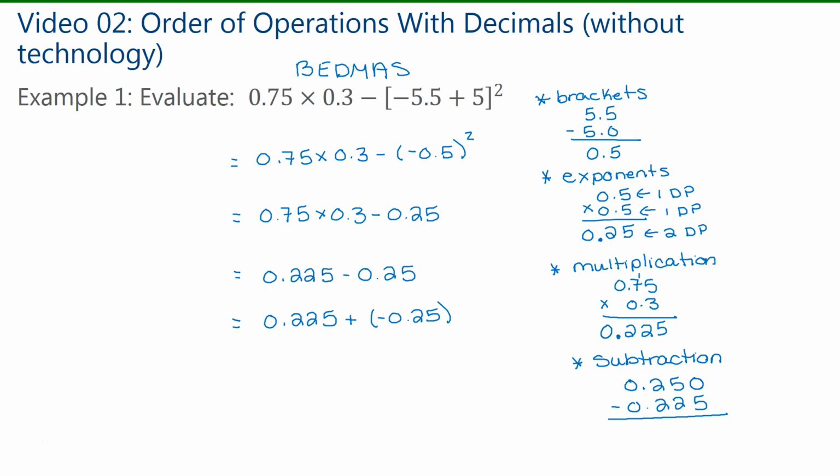Fill this in with a 0 here. I can't do 0 take away 5, so I'm going to borrow, make that 10. 10 take away 5 is 5. 4 take away 2 is 2. That'd be a 0. Line up the decimal. That'd be a 0. After we subtract, we determine the sign. I see that I do have more negatives than positives, so our final answer is negative 0.025.